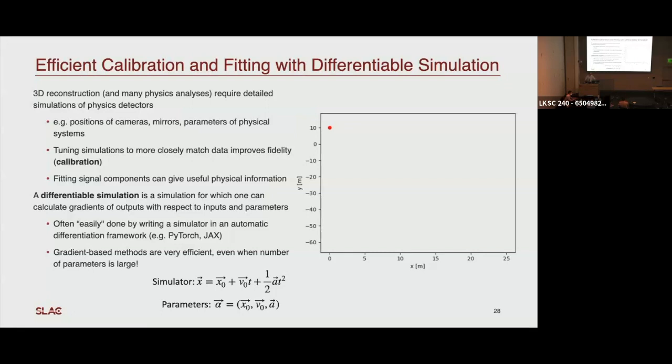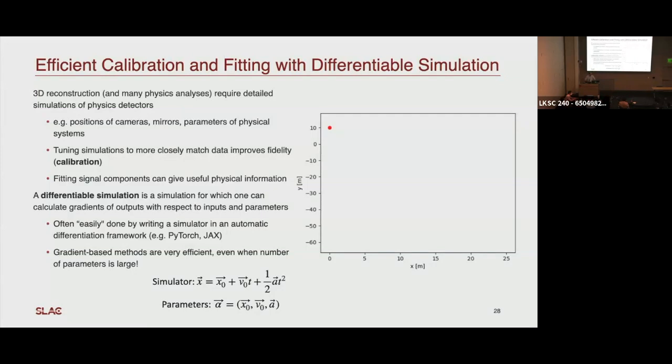And if we can tune these digital twins to more closely match the data, this will improve our fidelity, either for physics analysis or for 3D reconstruction. And also, this is a bit broader. Kind of the ideas here, you can also fit some signal components, what have you, if you'd like.